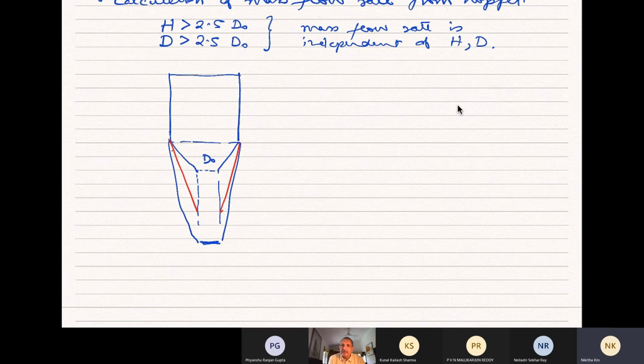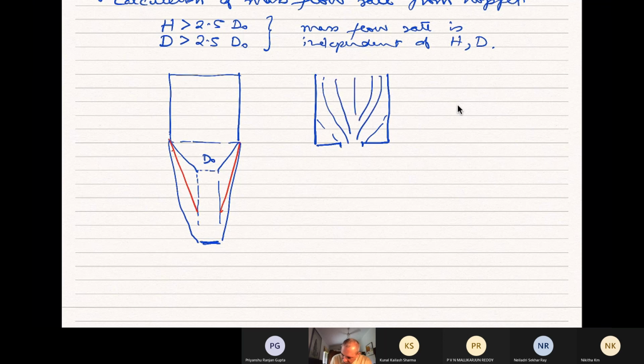Now, of course, there are some people who, when handling materials, don't want to bother too much about the stagnant material. Then you can have this type of system where the material will remain stagnant over there and the flow will occur like this. That is also possible. This is usually called a bin.